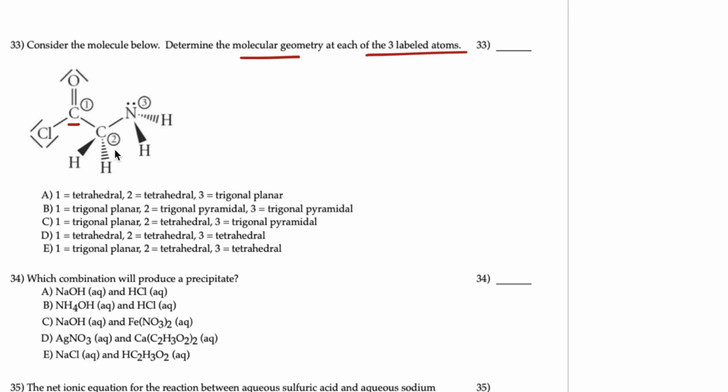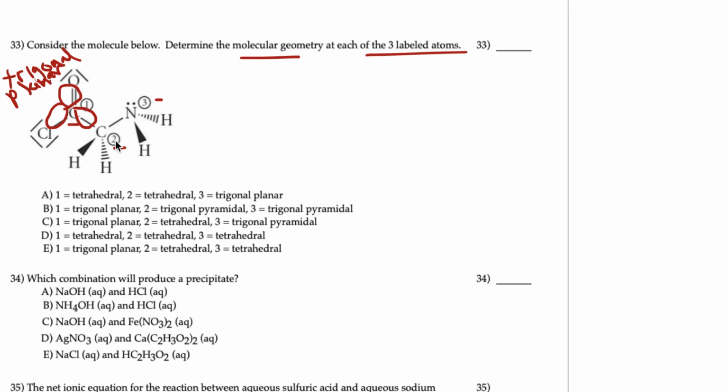So this is carbon 1, carbon 2, and nitrogen is 3. So this carbon here has three bonds, 0 lone pairs. So this carbon number 1 would be trigonal planar. So let me go ahead and write that, trigonal planar.